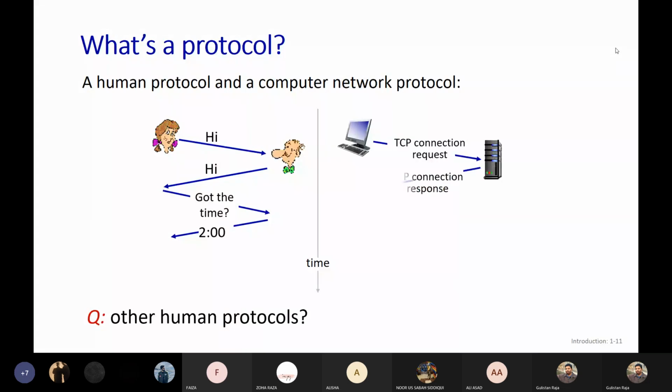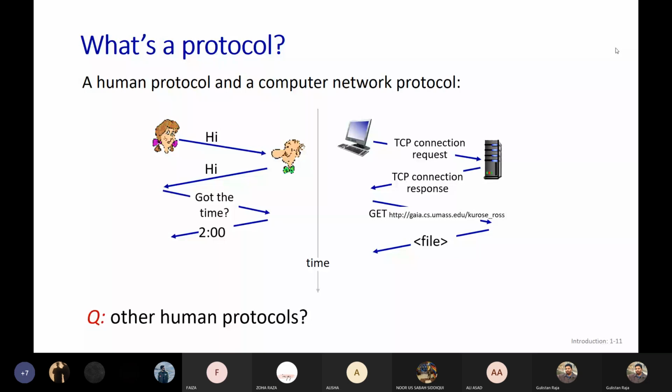So this is a computer protocol on the right side, where there is an end system computer and there is a server. TCP, transmission control protocol, is an example protocol. So a connection request is sent using the TCP protocol, and the server replies to that connection request and allows the connection.